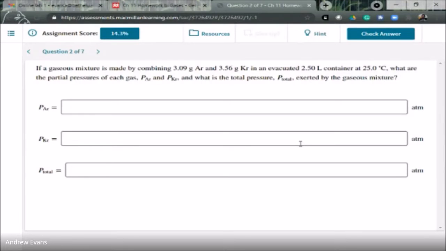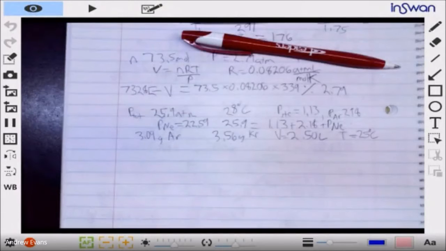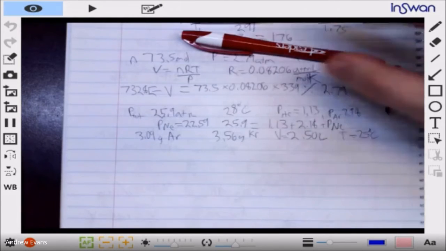What is the partial pressure of each gas? What is the total pressure? So it may not look like we have all we need, but we do. We do actually have all we need. We just need one more bit of information. What's not obviously clear, but it's there.